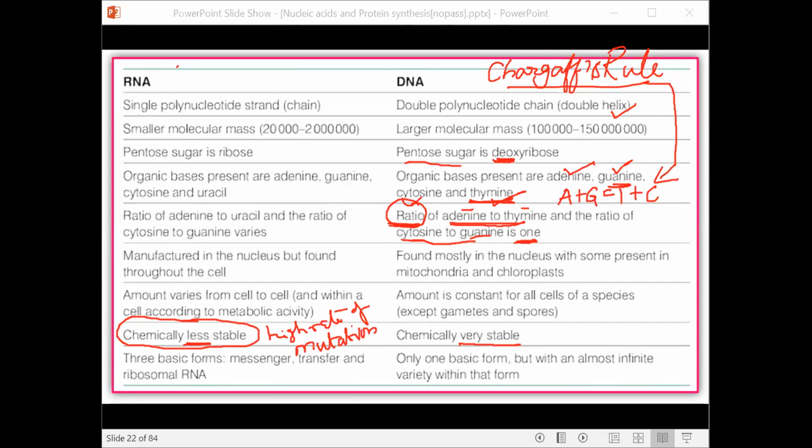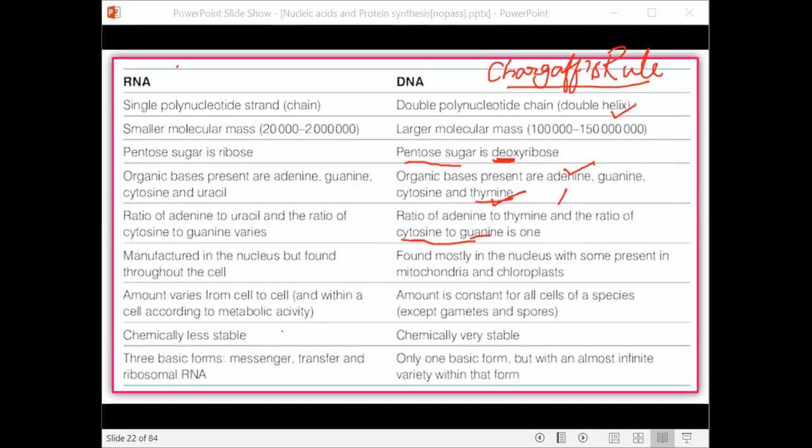Okay. In RNA, the ratio is not the same. The number of adenine and uracil can vary. The number of adenine is different and uracil is different, since there is no base pairing.